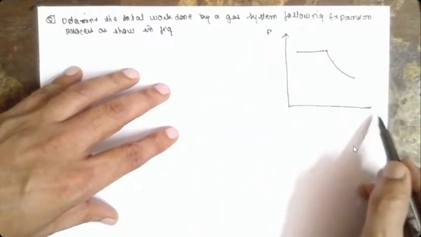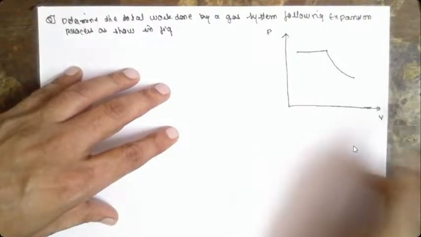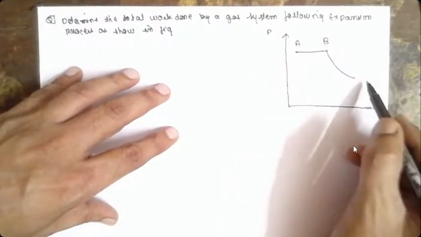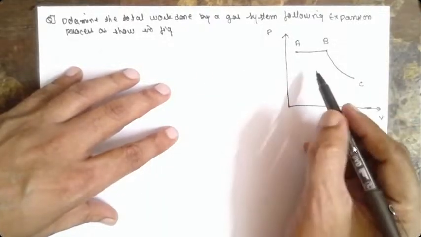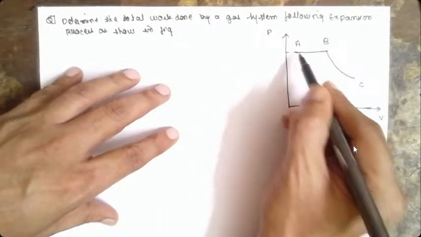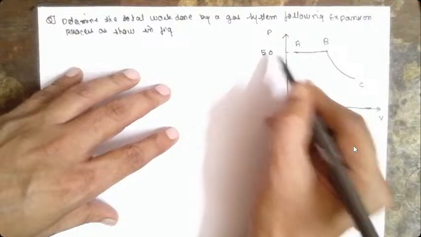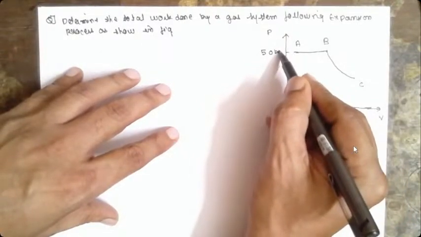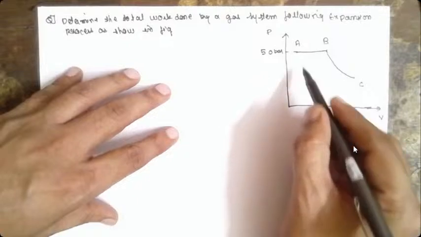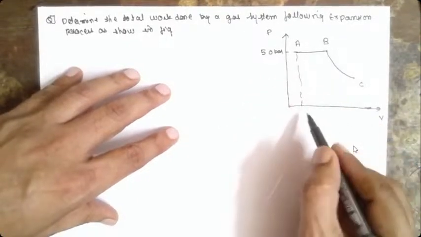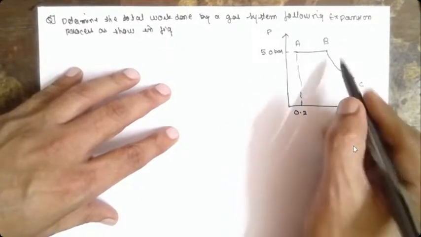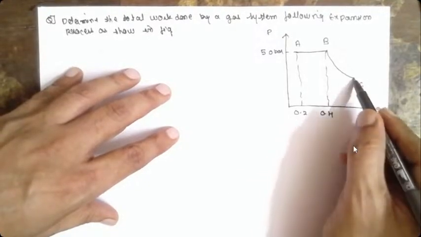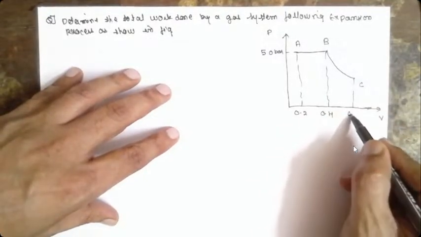This is a PV diagram, with volume A, B, C. Pressure 50 bar, and volumes they have given as 0.2, 0.4, 0.8.